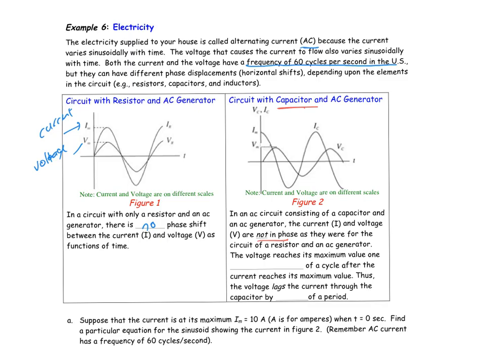The voltage reaches its maximum value 1/4 of a cycle after the current reaches its maximum value. Thus, the voltage lags the current through the capacitor by 1/4 of a period. And we can see that on our diagram, right? The voltage is peaking as the current crosses the axis of oscillation. So it's 1/4 period behind.